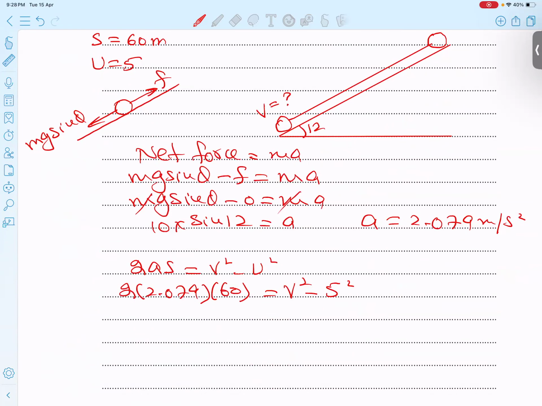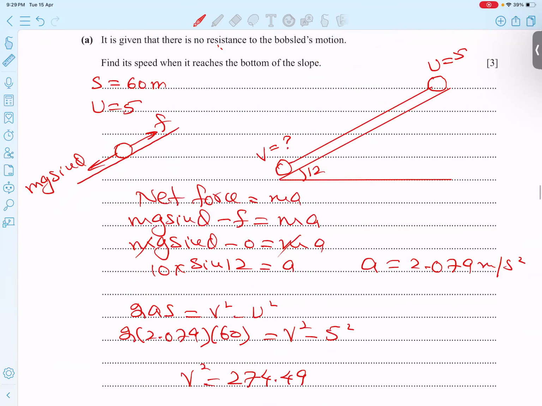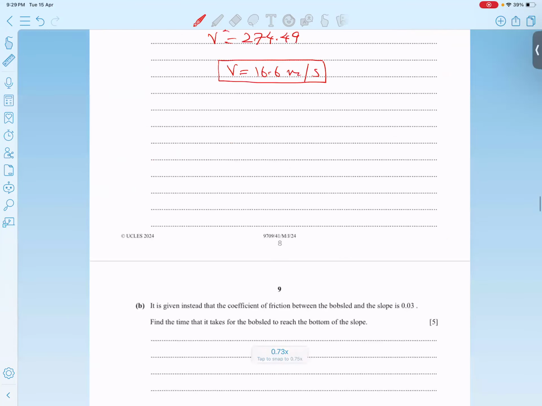I got v squared equals 274.49, and take the root of this. Let me check in the calculator. It is coming 16.56, or 16.6 meters per second. I hope the point is very clear, and let's go for the next part.